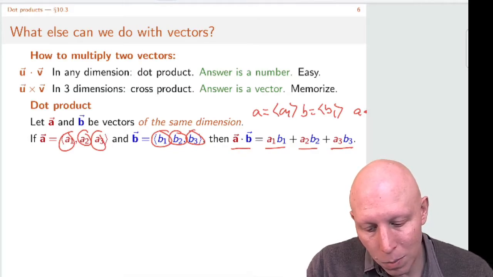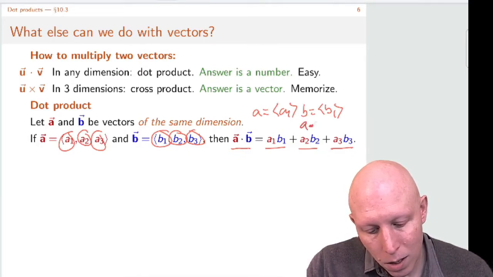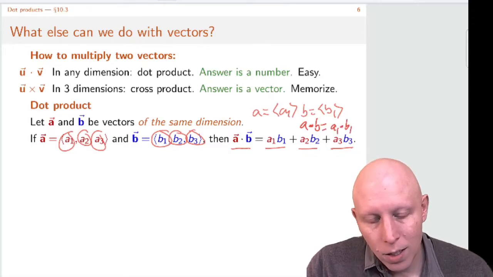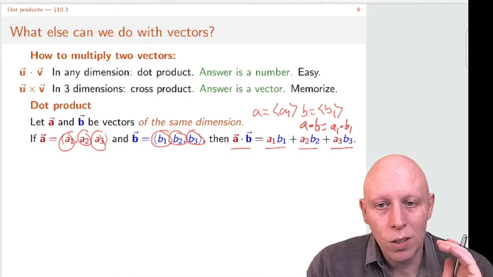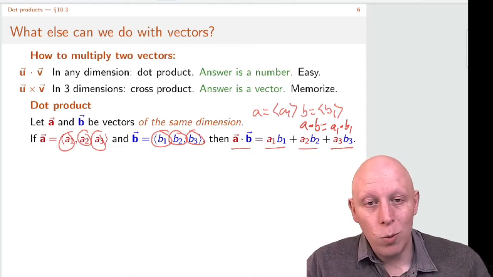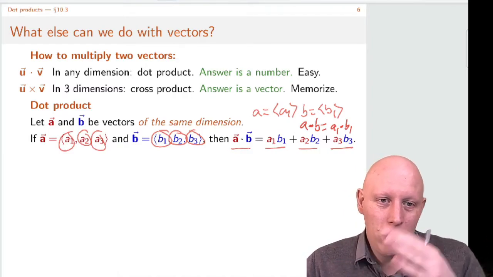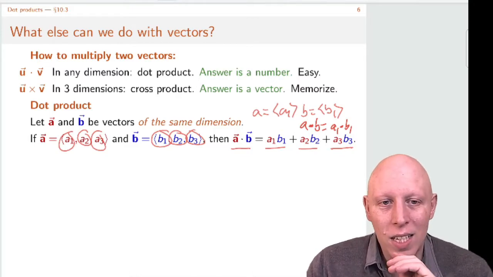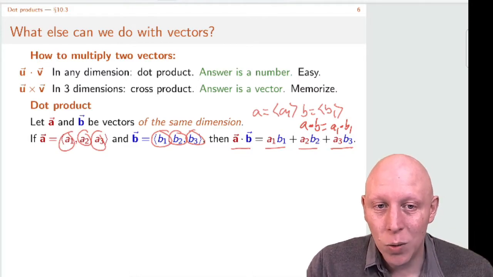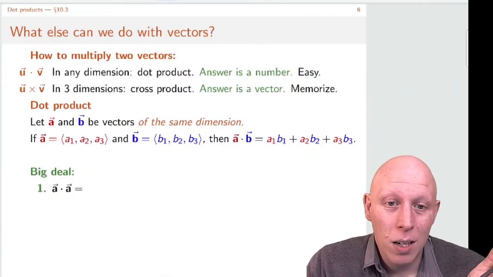Then A dot B is just equal to A1 times B1. So this is just a simple generalization of regular multiplication. When we have more dimensions, say 10 dimensions, you do the same thing. You multiply A1 times B1, A2 times B2, up to A10 times B10. You add those all together. That's the dot product. Like I said, pretty simple.